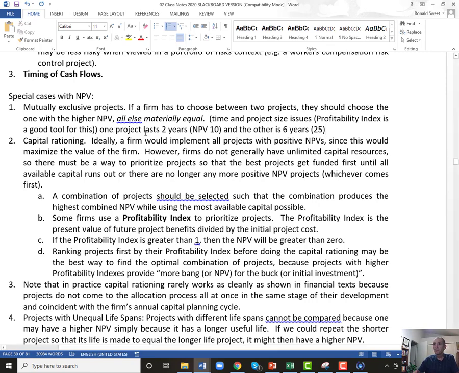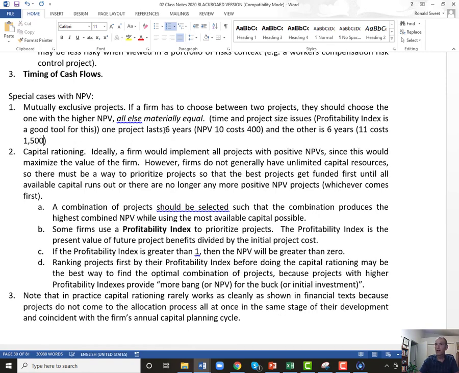And then the size of the projects. Let's say both projects last 6 years. The first project has a net present value of 10, and the second project has a net present value of 10. But what if this one costs 400 and this one, let's say it's only worth 11, net present value 11, but it costs 1,500.